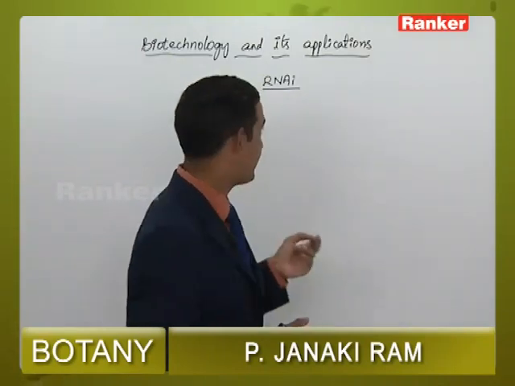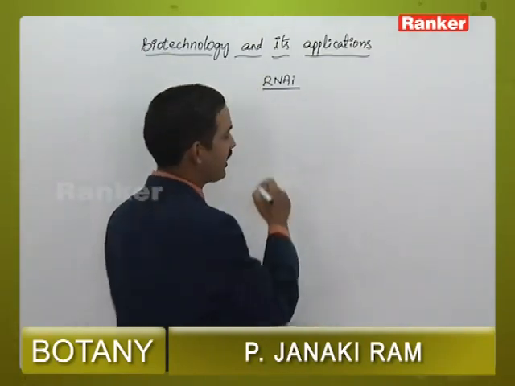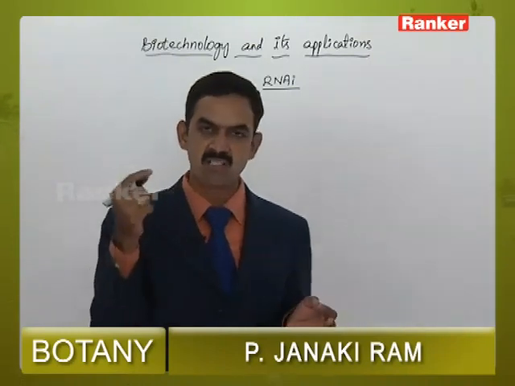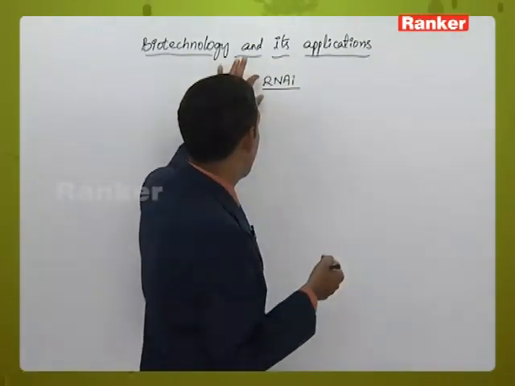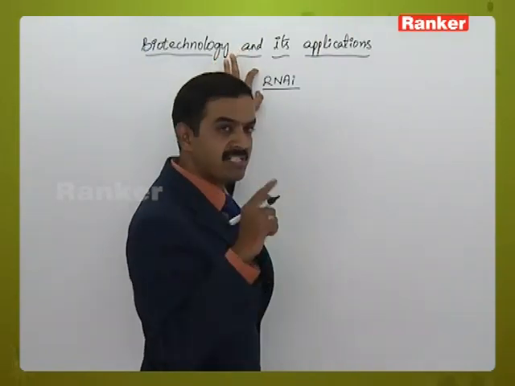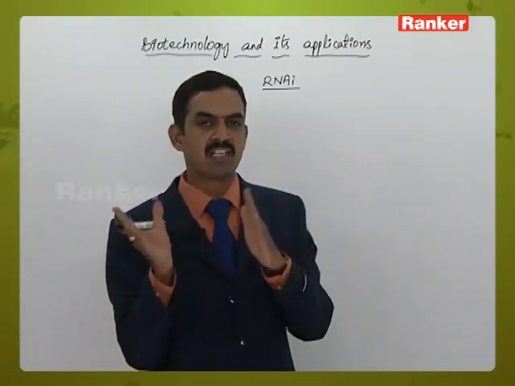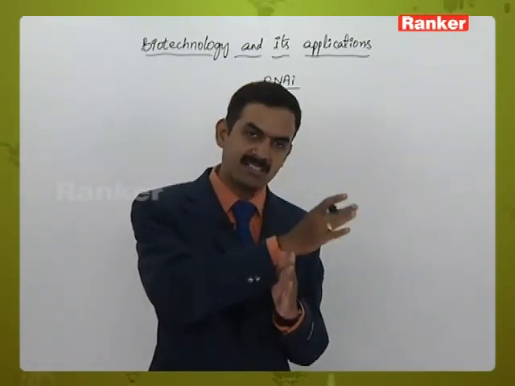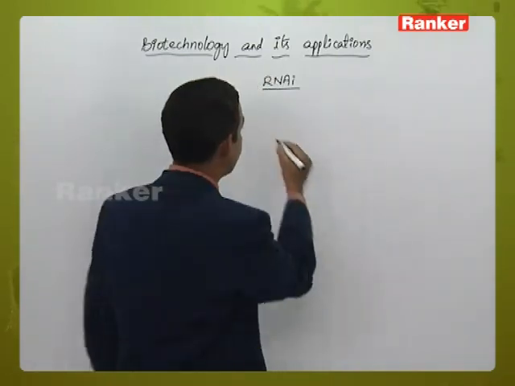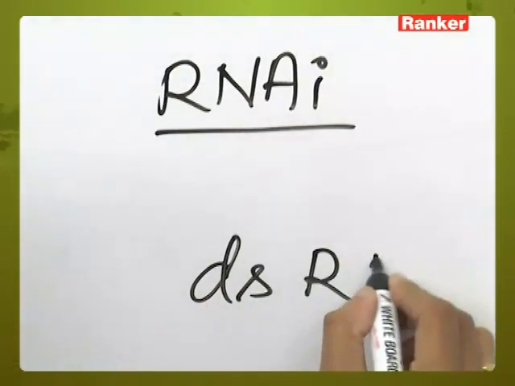So how it is done? Into this organism they introduce one more single stranded RNA. This single stranded RNA will go and bind to the RNA which is responsible for the synthesis of the proteins. When this single stranded RNA binds to that other single stranded RNA, it forms a double stranded RNA molecule.